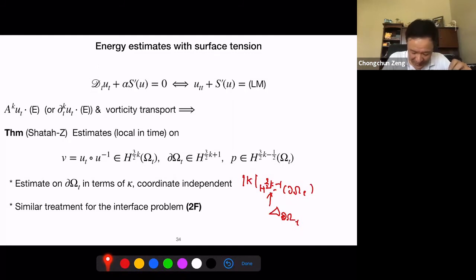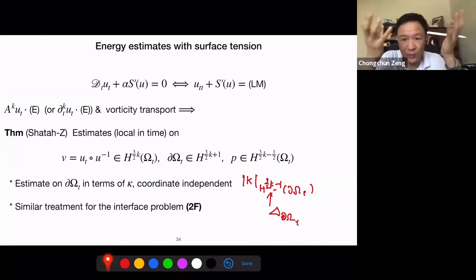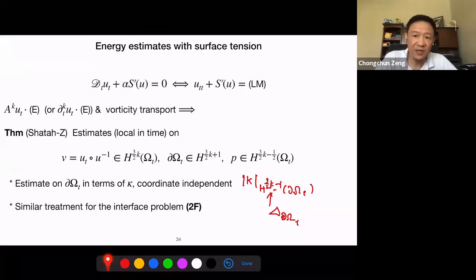The interface problem of two fluids can be estimated in exactly the same philosophy. So go to the Lagrangian formulation and identify the Lagrangian configuration space. The Lagrangian configuration space will be the space of volume preserving maps on the two domains, so that they share the same interface. And then you impose the L2 metric and compute the surface area and the variation of the surface area and so on.